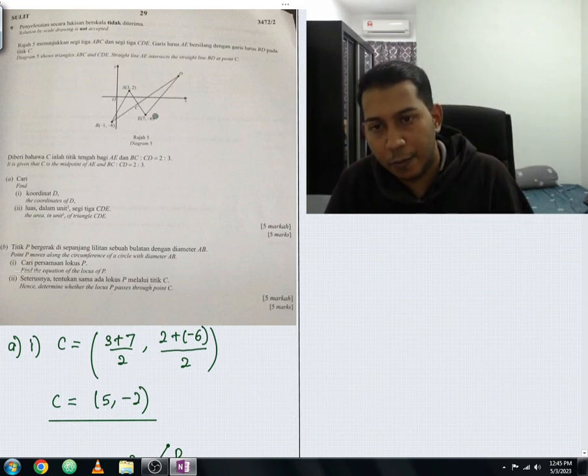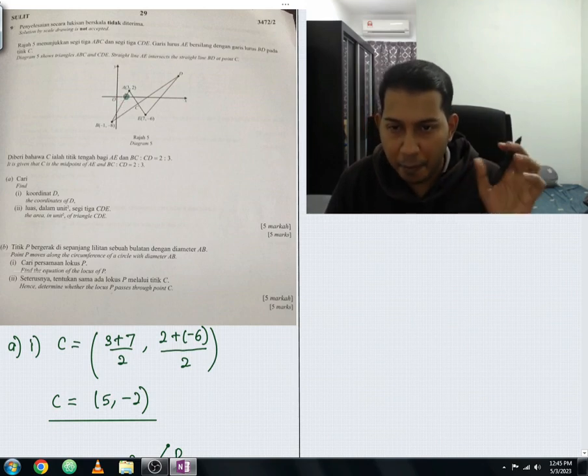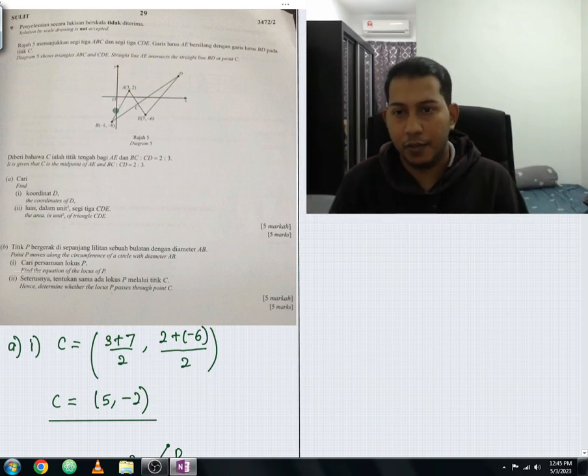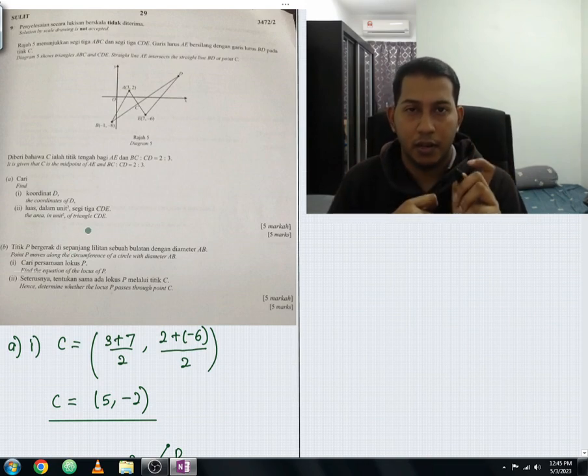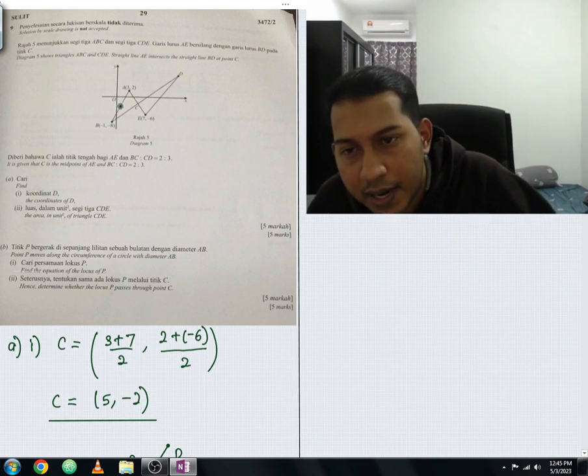Once we find the distance of the radius, from there we're going to equate it to the locus, from the distance A to the radius, or B to the radius. Regardless from where, you should get the same locus value, because it is a circular moving point. Circular moving point means radius, so you should have an equal distance over here.